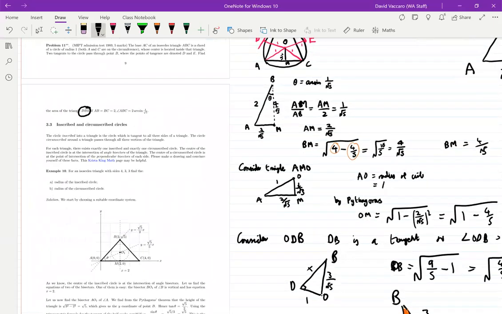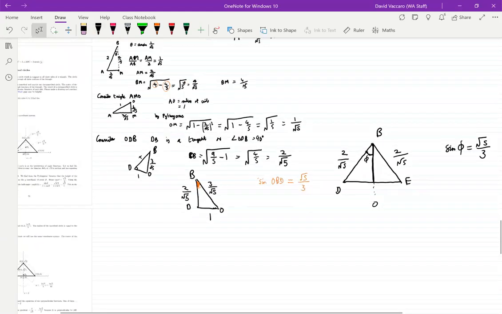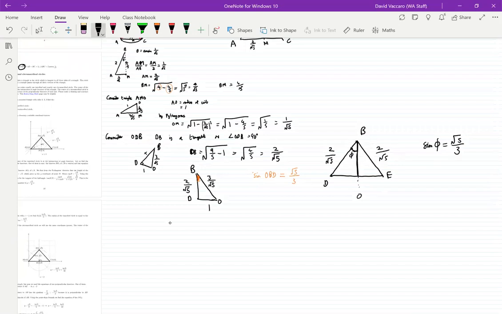Now what it wants is the area of the triangle DBE. And now we're very close to getting there, because I know the sine of phi, so I can find this length which takes me to the midpoint. I'll call that N. So DN is equal to sine phi times 2 over root 5. So that's root 5 over 3 times 2 over root 5, which is equal to 2/3. So DN is 2/3. NE is also 2/3.